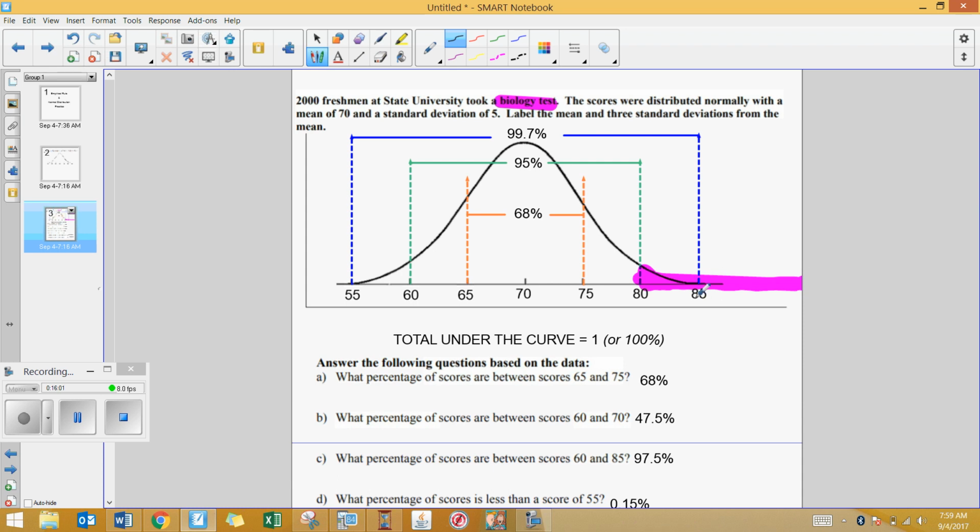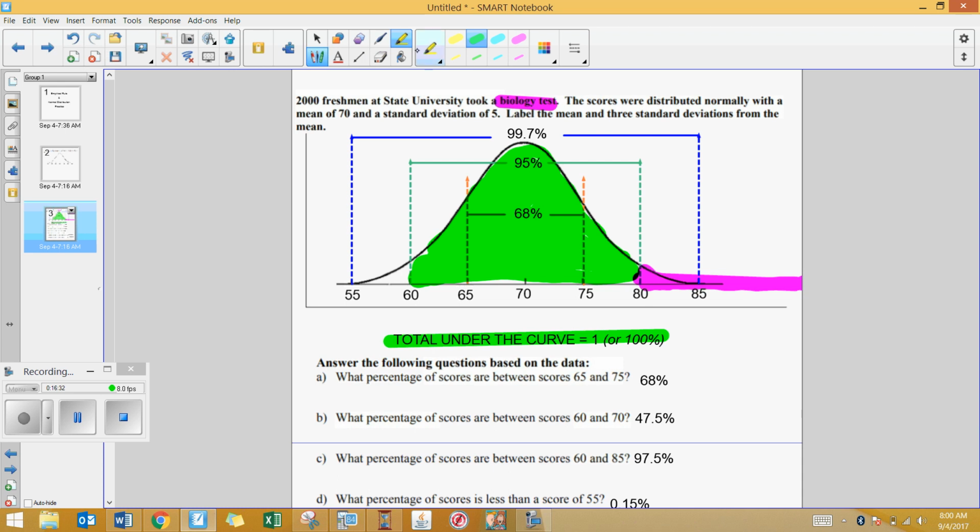Well, there's a couple ways we can think about it here. The way that I'm going to explain it is thinking about, here I have 95% of all possible outcomes just in here, and the total under the curve is 100%.